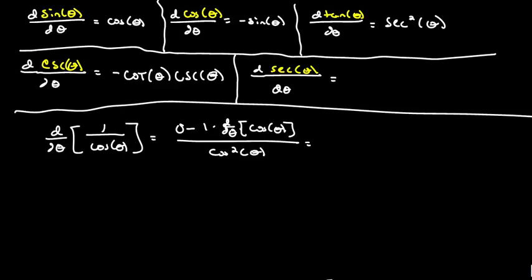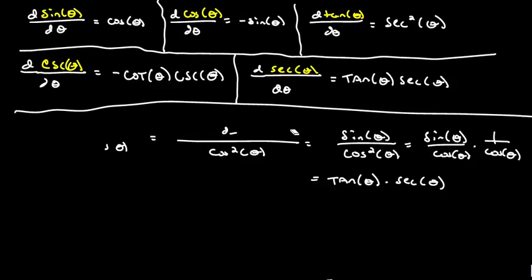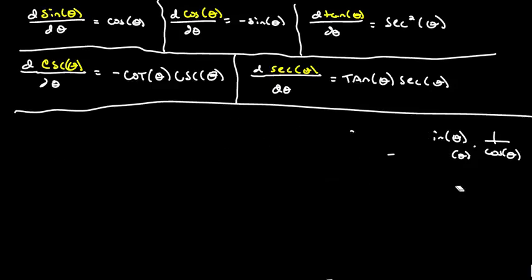So the derivative of cosine is negative sine, so I'm going to have positive, because it's negative times a negative, so positive sine over cosine squared. That's going to be sine over cosine times 1 over cosine. So sine over cosine is tangent. 1 over cosine is secant. Okay, so we've gotten 5 out of the 6 now. 1 more left.